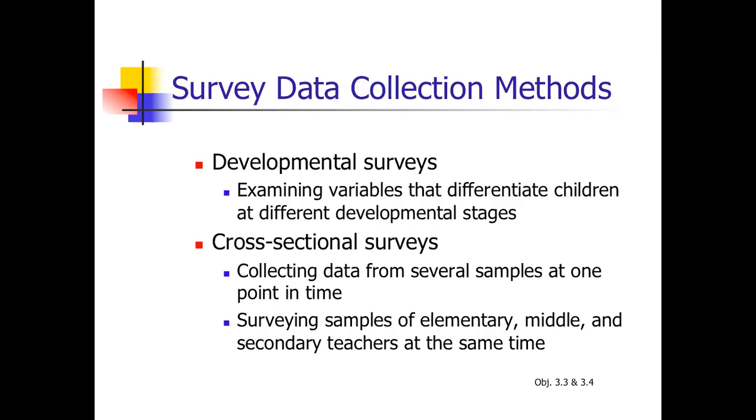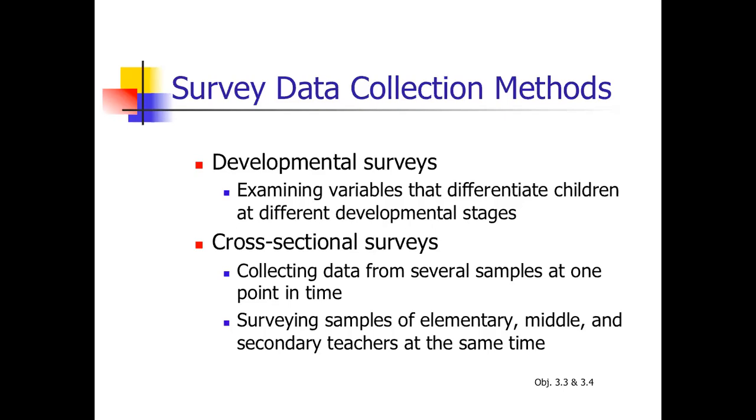So this is what we call developmental surveys. We follow the same children for a period of time, probably 1 year or maybe 2 years, and we call it developmental surveys.